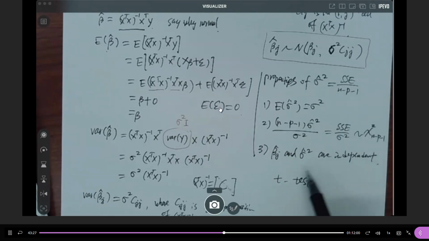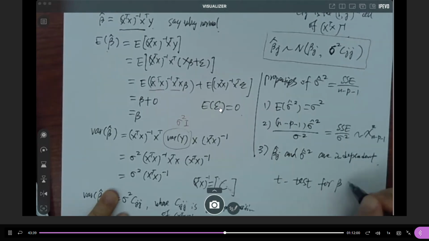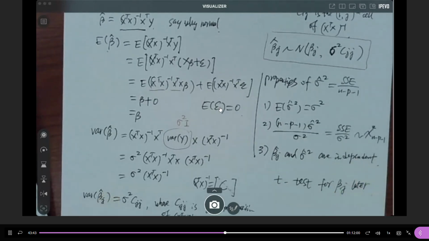It requires the Z on top and the chi-squared at the bottom, and these two must be independent. Without the independence assumption, we cannot conclude the test statistic we found is t distributed. So we are going to do t-tests for beta j later. This is the foundation here.